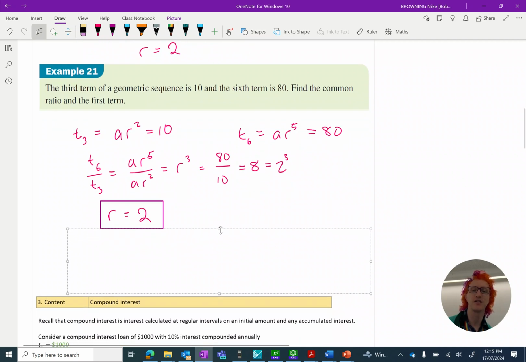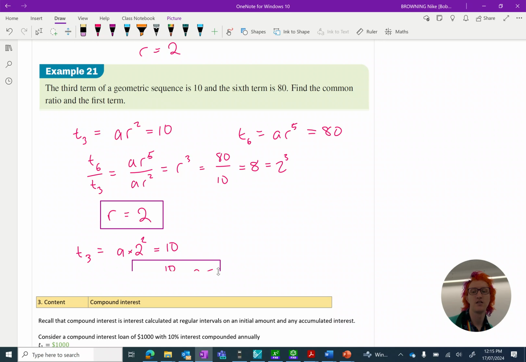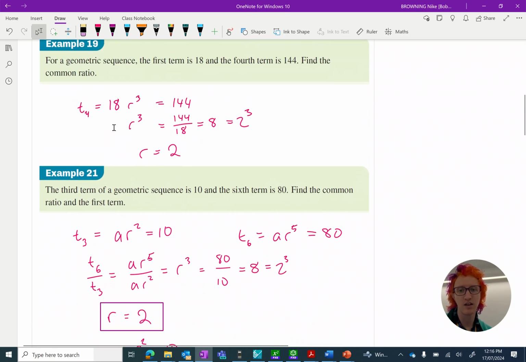We keep moving down. We can then use that r of 2 and our T3 to find what a is. So T3 is a times 2 squared equals 10. So a is going to be 10 divided by 2 squared, or 4, equals 2.5. All of these can be done on your calculators, particularly these ones when you have something that is not obviously a number to the power of 3.